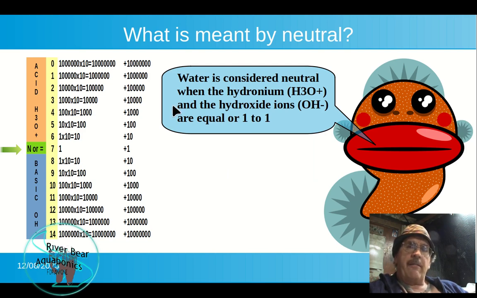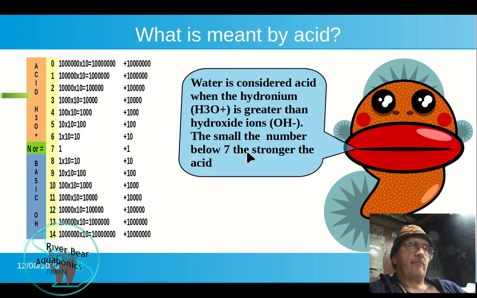So, what is meant by neutral? Water is considered neutral when the hydronium and the hydroxide ions are equal to each other at a 1-to-1 ratio. They're equal. Water is considered an acid when the hydronium is greater than the hydroxides.